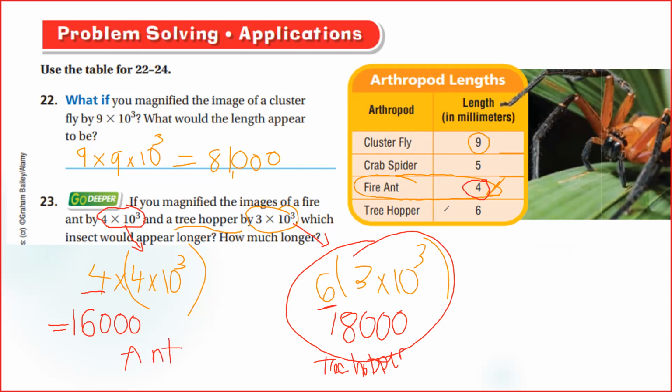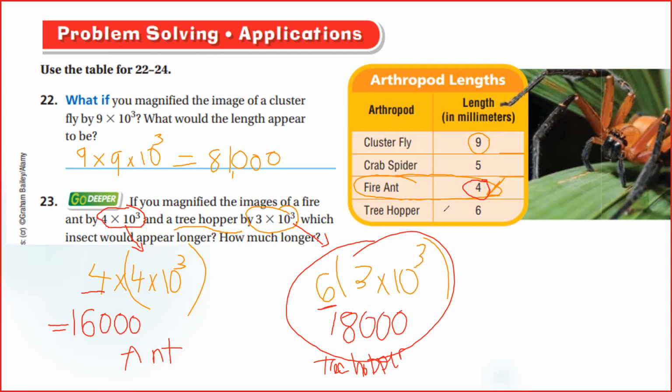Now, how much longer? How can I know how much longer? The length of the fire ant is 60,000, and the length of the tree hopper is 18,000.